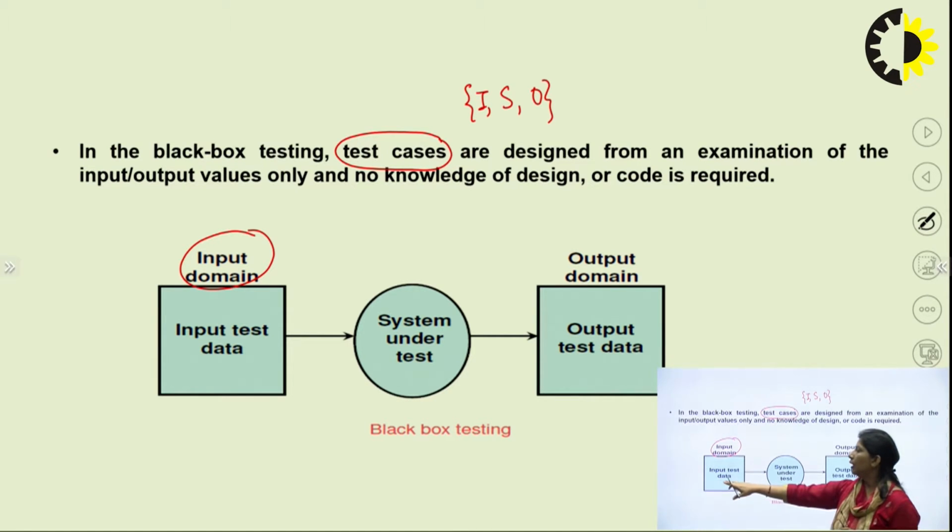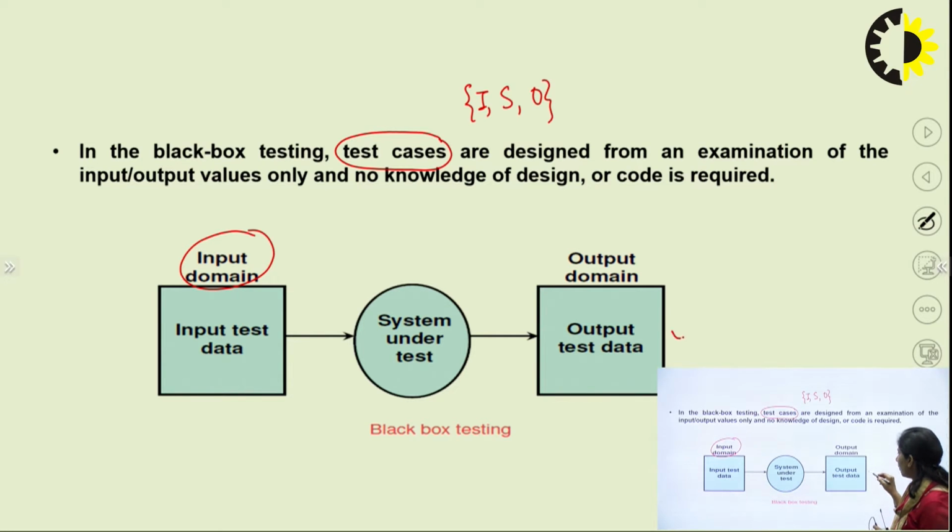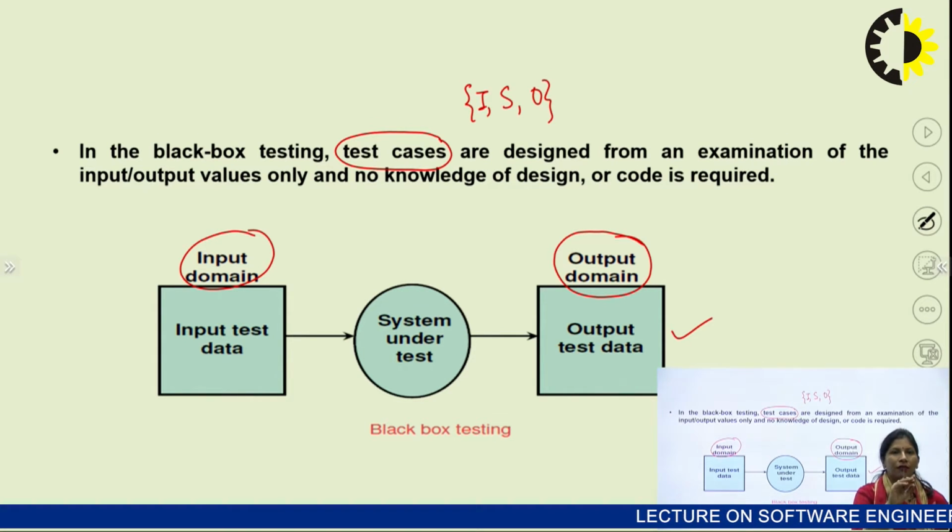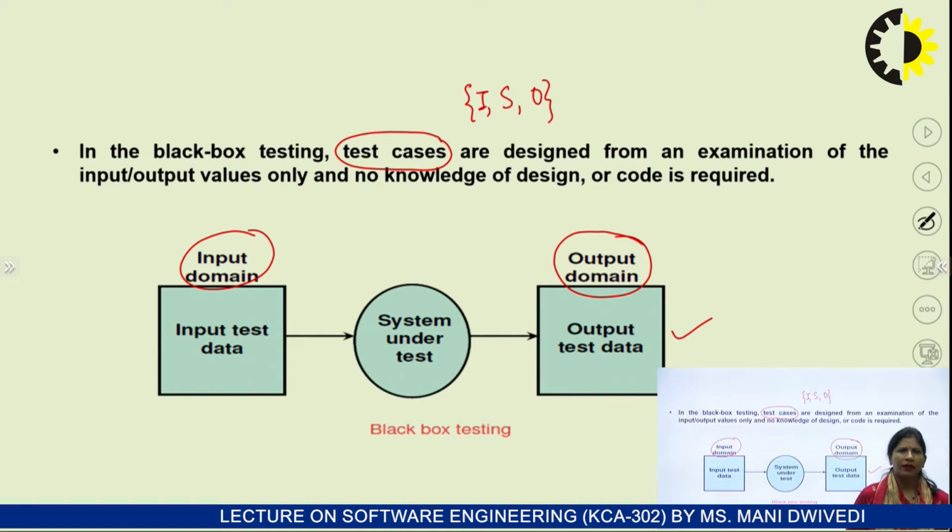So, we will give the input as data. Now, here is the system which is under test, and some output test data. I know what kind of output should be there. The output test data is also from some output domain. Let us take an example.